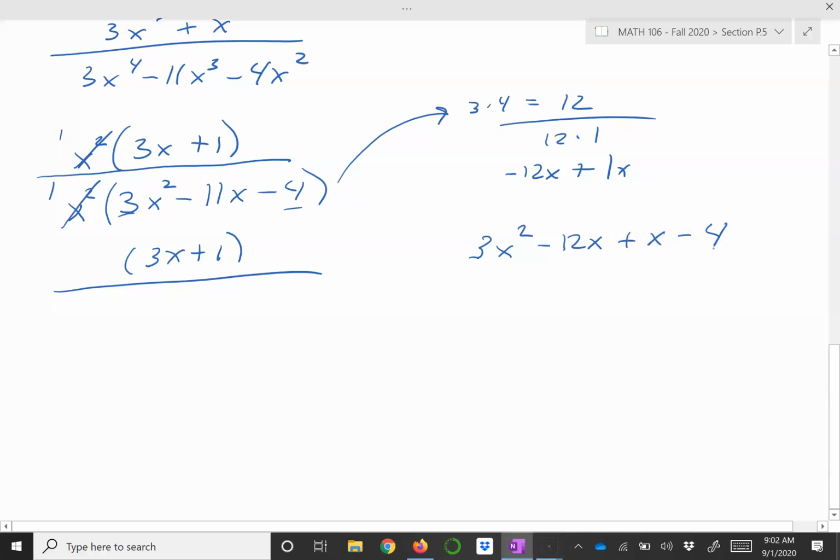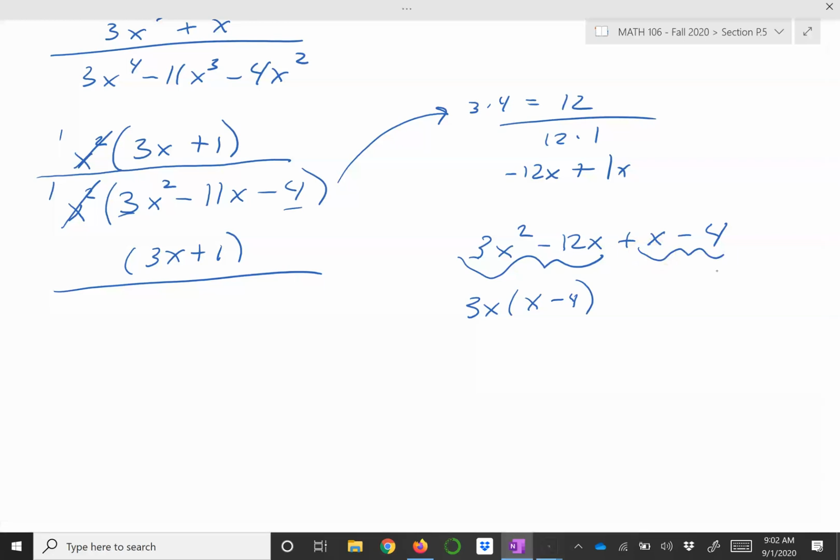All right, now we're factoring by grouping. So I factor this group first. I'm going to take out a 3x and I'm left with an x minus 4. Now, with this last grouping, can I factor anything out with x minus 4? Technically, I can't, right? Well, maybe not technically. Procedurally I'm not going to, but can't I factor out a 1?